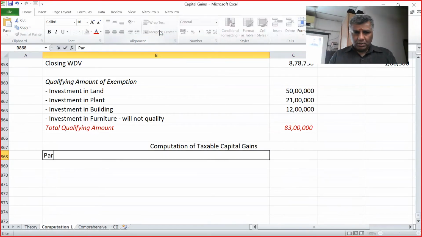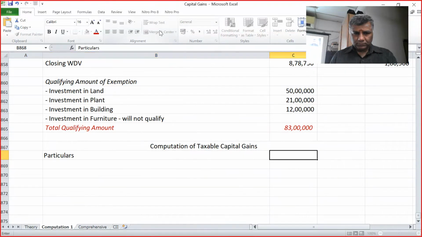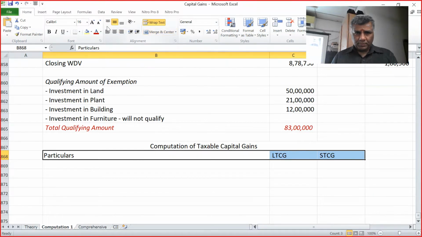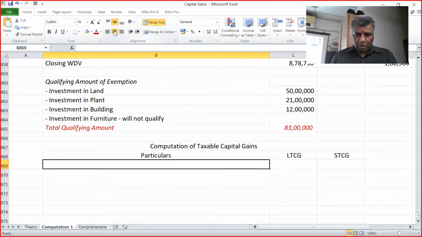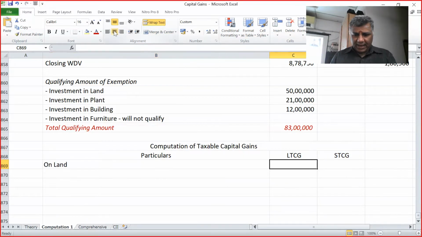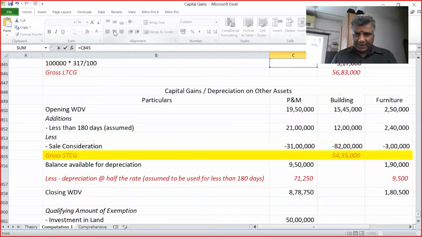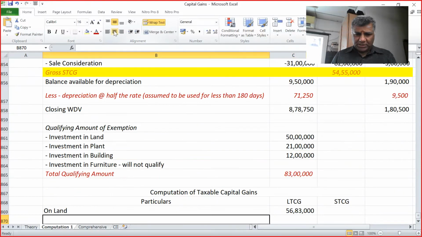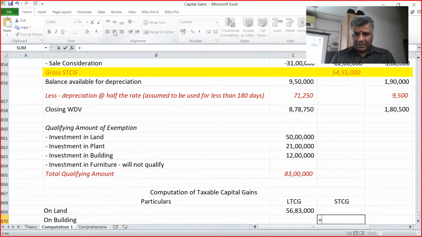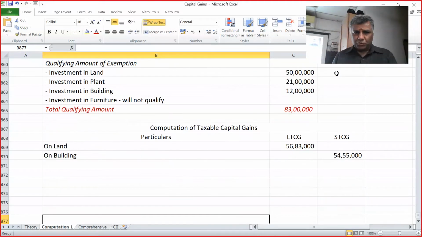LTCG, STCG. On land, I get an LTCG of 56.83. On the depreciable assets, I'm getting an STCG of 54 lakh 55,000.